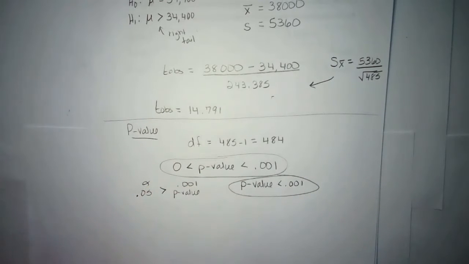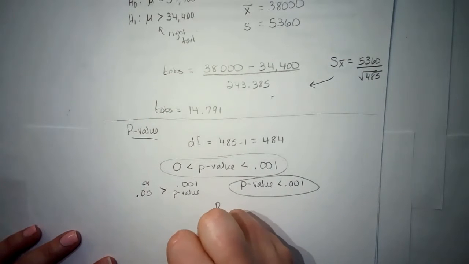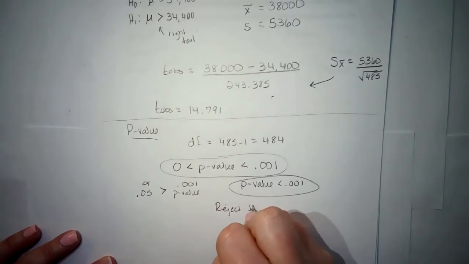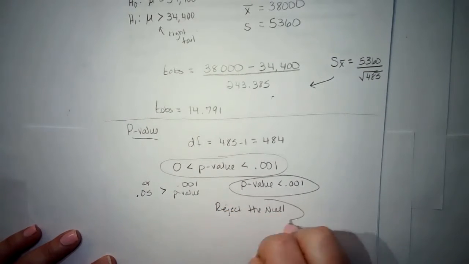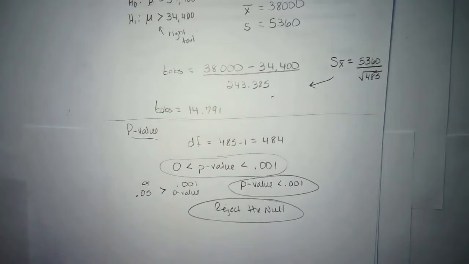So indeed, alpha is bigger, and according to our little cheat sheet, that means we are going to reject the null. Anytime you have those teeny tiny p-values, that means you're rejecting. The smaller the p-value, the more likely you're going to reject.